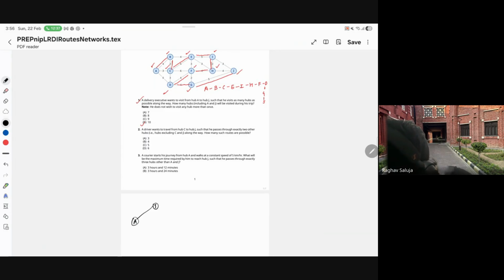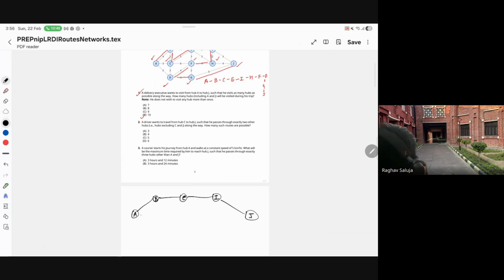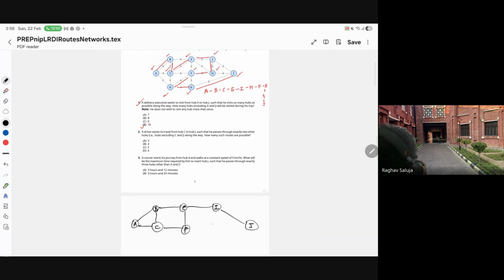A, B, E, I, J, C, F, and here also connected. H is also connected. H is connected to J as well.